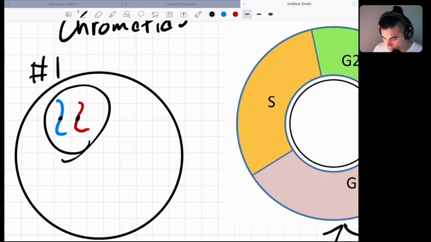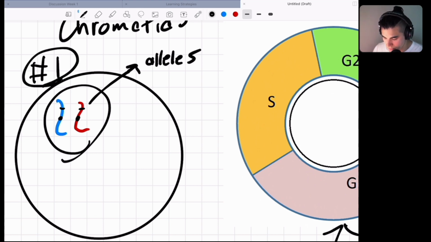What does that mean? Well, 2 homologous chromosomes mean that at the same position, there are going to be 2 different alleles for the same gene. So let's say that on chromosome number 1, in position 4, you have 2 different alleles for hair color.